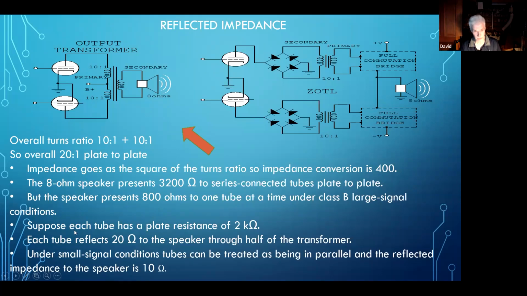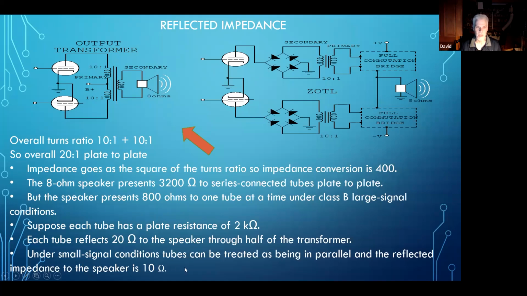Well, let's look at things a little differently. Suppose each tube has a plate resistance of 2 kΩ. Each tube reflects 20 ohms to the speaker through half of the transformer. So from that component, the speaker sees a source impedance of 20 ohms.